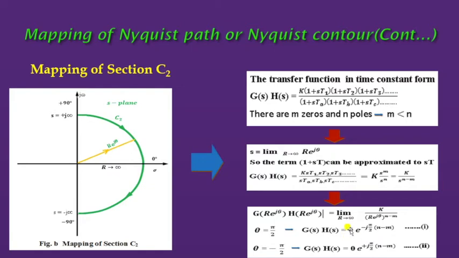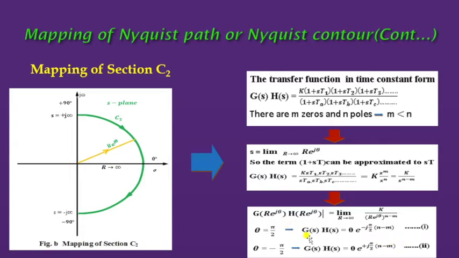The magnitude is 0. But the angle is e to the power minus j, theta is pi by 2, and this is n minus m. Similarly, for theta equal to minus pi by 2, minus minus plus, so this angle is plus j pi by 2 into n minus m.